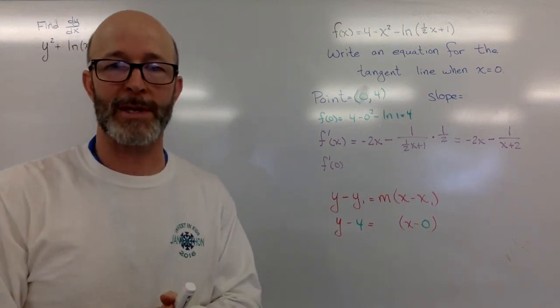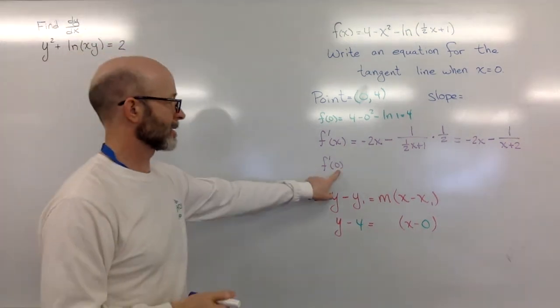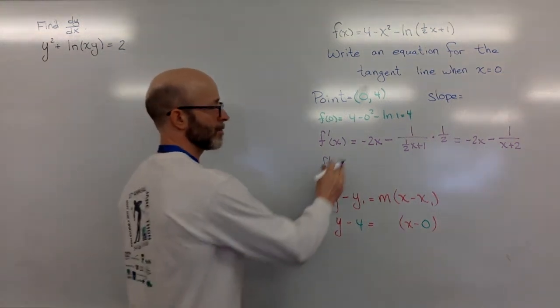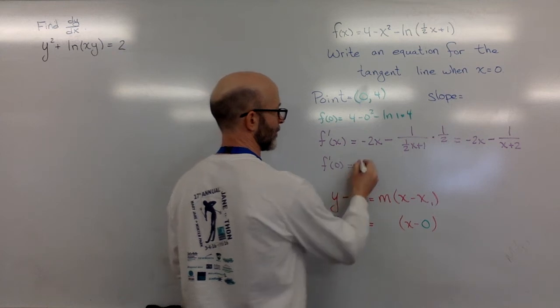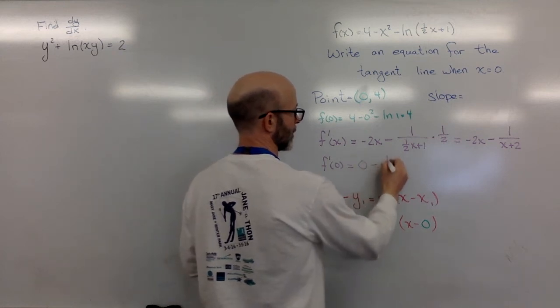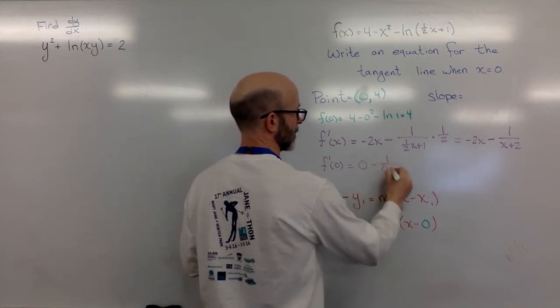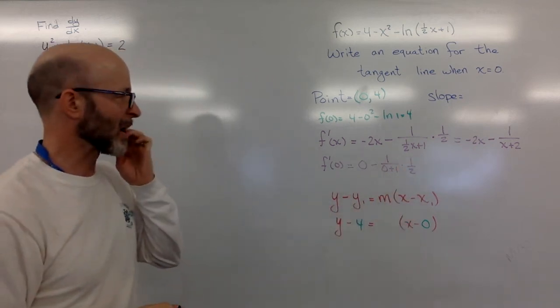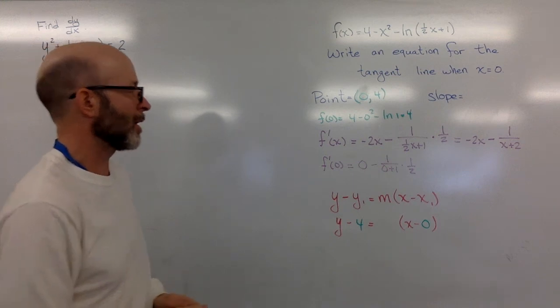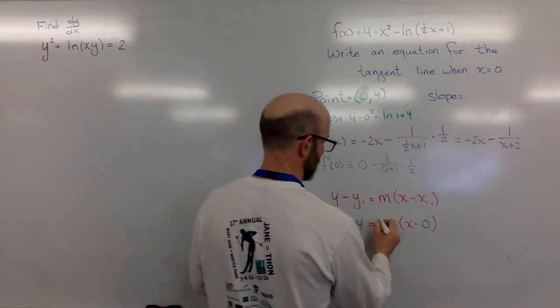We're trying to find out what this is when x is 0. At any given point, once you've taken the derivative, feel free to plug in 0. And it seems to me that our slope is going to wind up being negative 1/2.